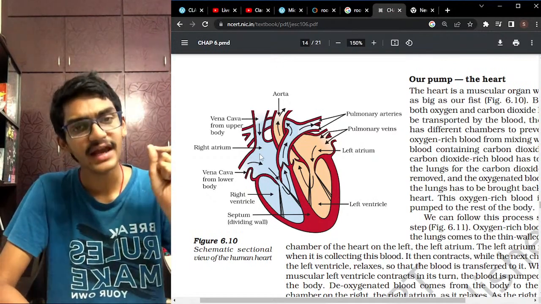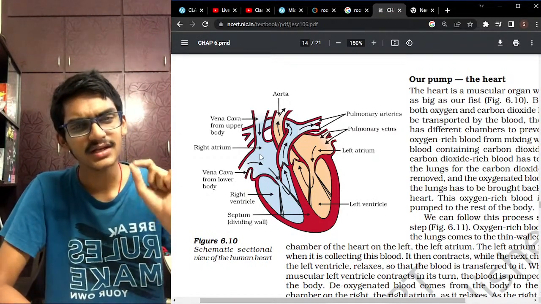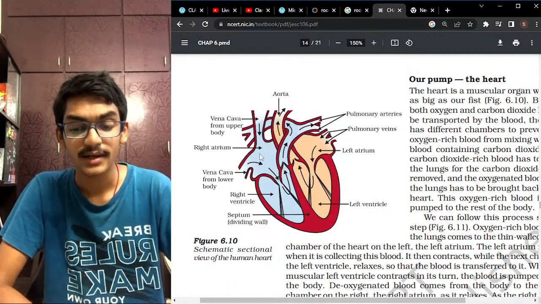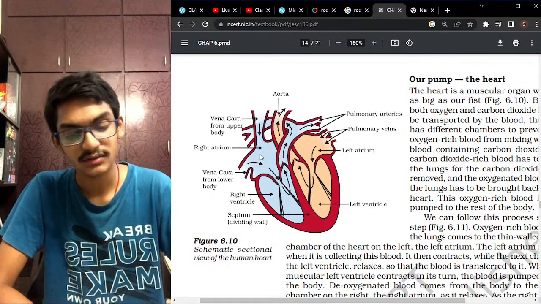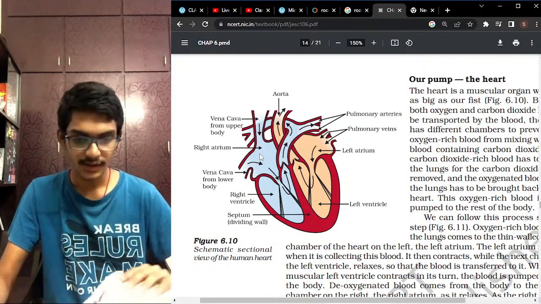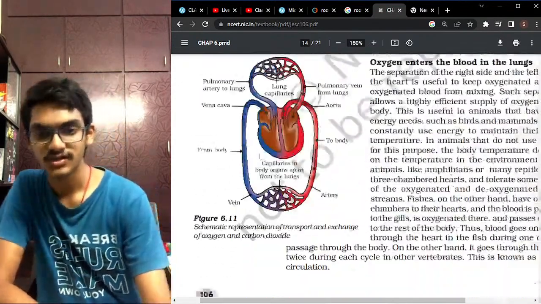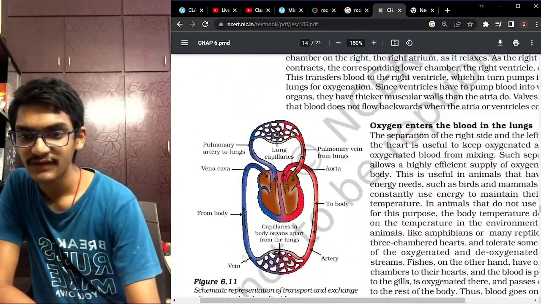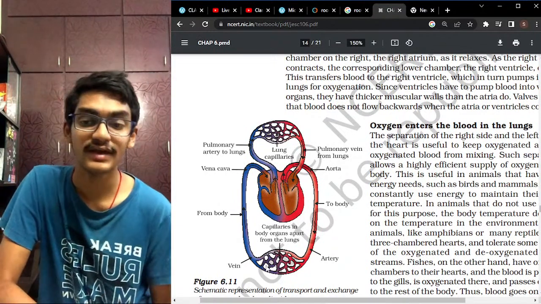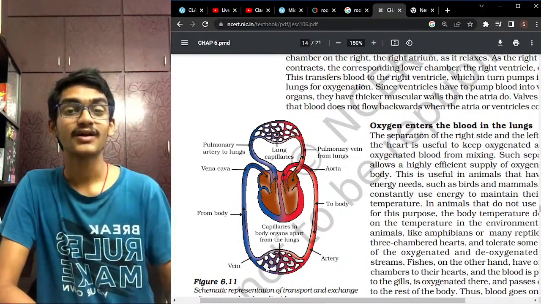They are a network of fine blood vessels, fine meaning very thin, very small, and these capillaries join up to form veins which empty into the heart. If you see the picture below, you can see that arteries and veins together are forming a network. The network of arteries and veins forms what is called capillaries.